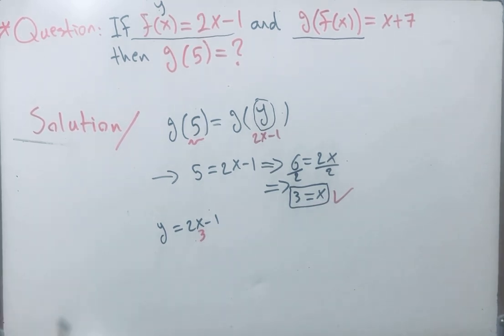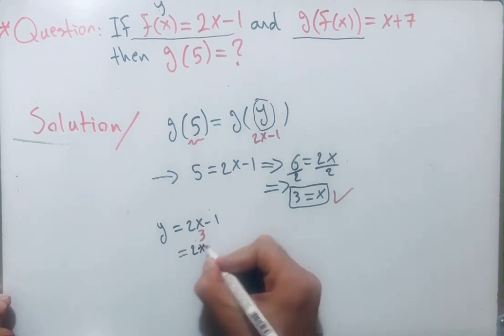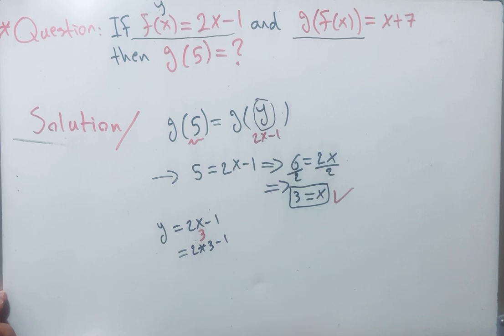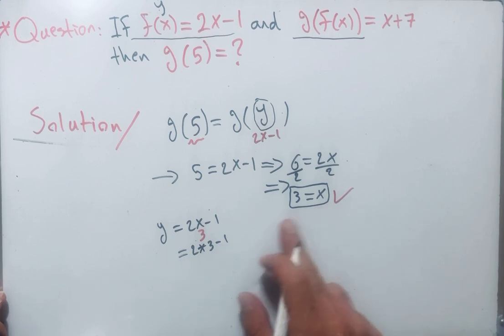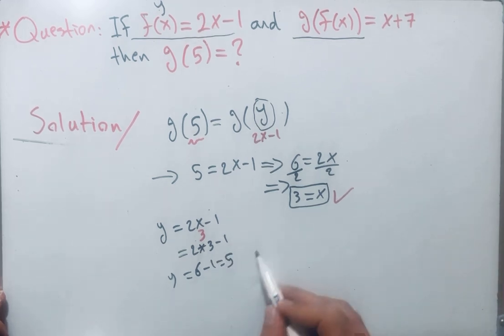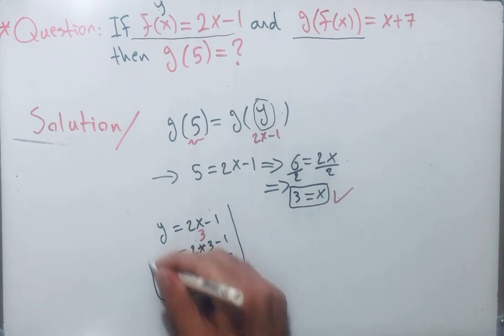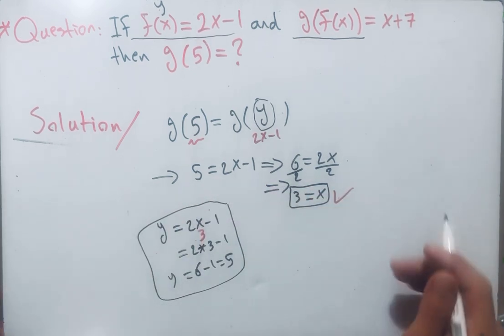So just put it there, right? So this becomes 2 times 3 minus 1. If you put 3, you get 6 minus 1, which is 5. So the value that we found is actually true. I just checked if it's true or not.